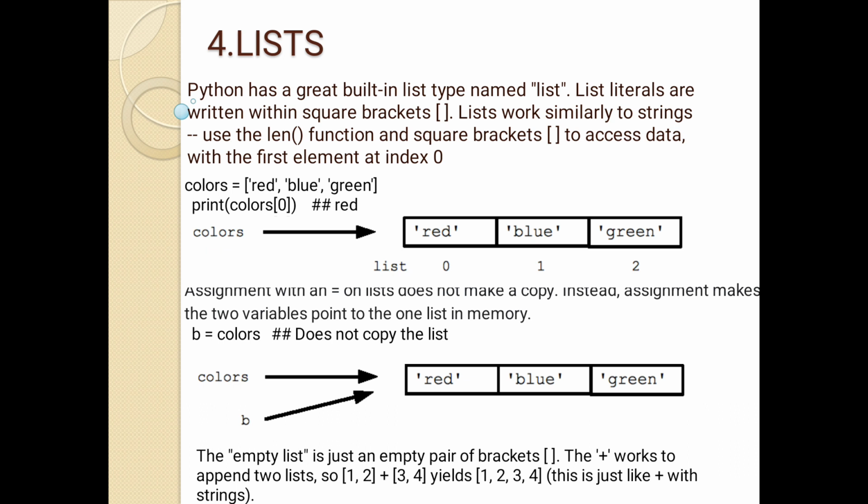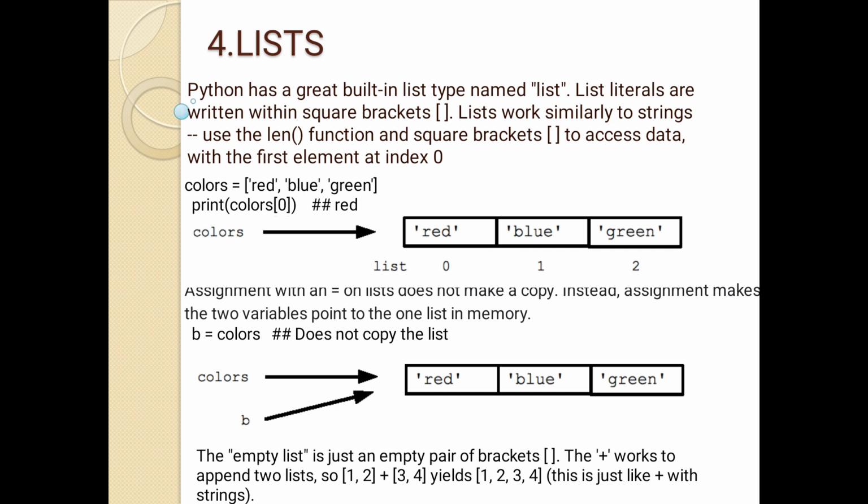Colors is equal to ['red', 'blue', 'green']. Print colors[0], red. Output: red. Colors is the list red, blue, green, with red at 0, blue at 1, green at 2.